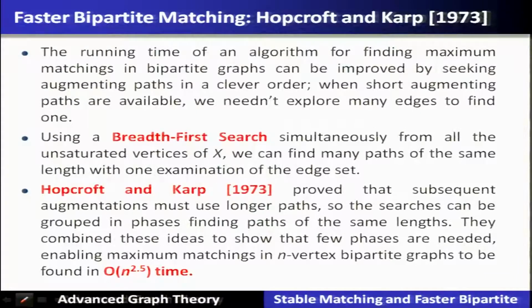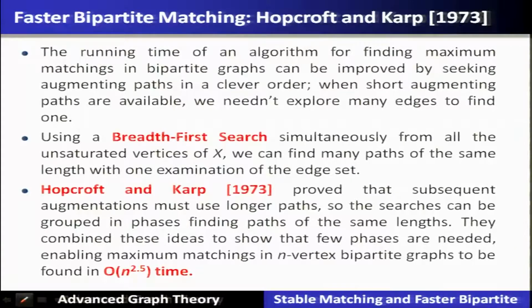This algorithm, which is doing the same task, that is finding out the maximal cardinality bipartite matching, will find out the maximum matching a bit faster, and the total time which this algorithm will take to compute the maximal cardinality matching is of the order n raised to the power 2.5.